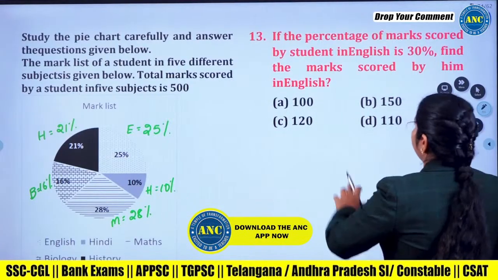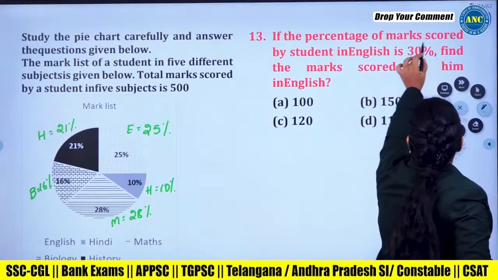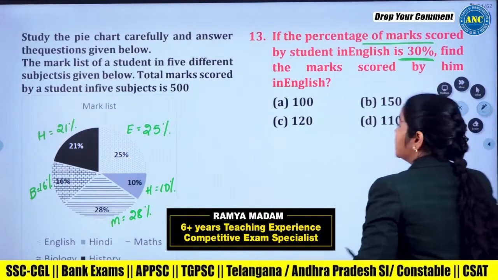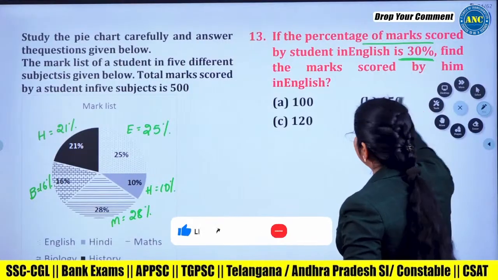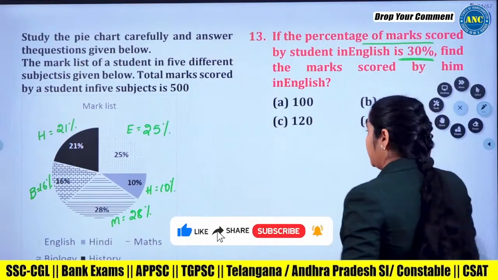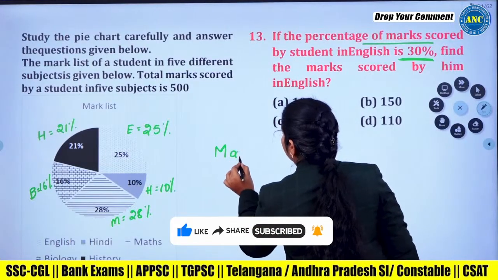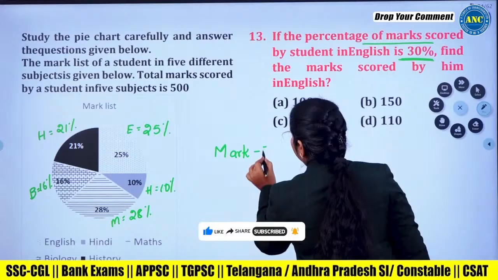In the question itself, they are telling that the percentage of marks scored by the student in English is 30%. So now we have to calculate 30% of the total value. We want the marks scored by the student in English.